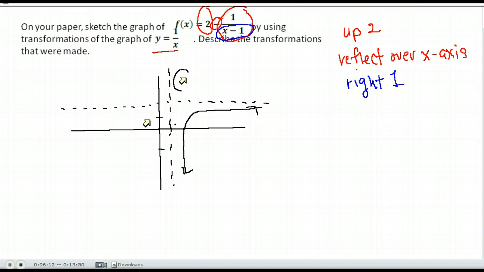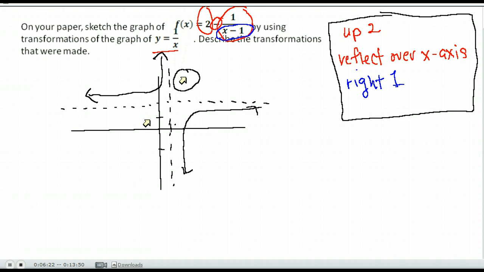So instead of here, we're down here, and then up here. So that's a sketch. Basically, they wanted to make sure you knew what was happening with each transformation. So up 2, reflect over the x-axis, and right 1.